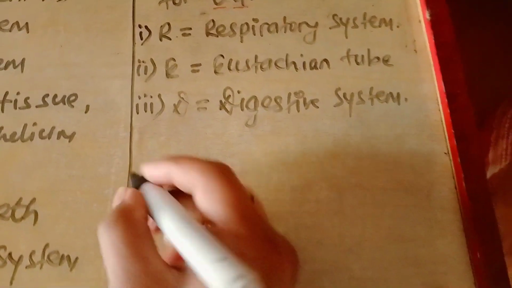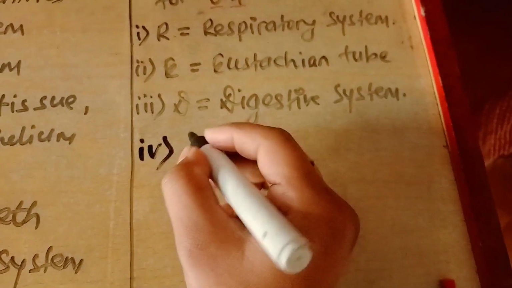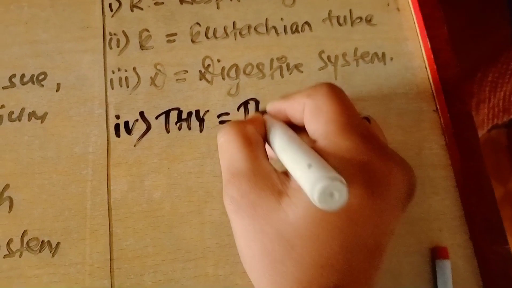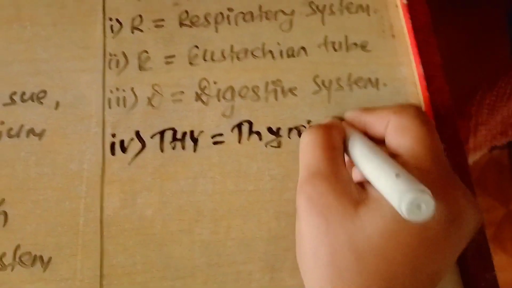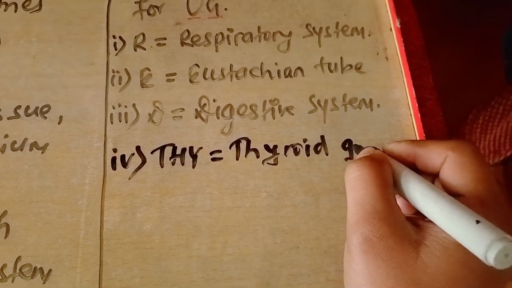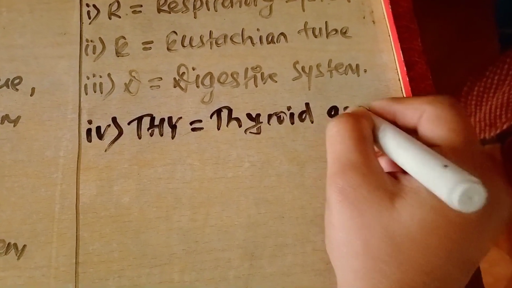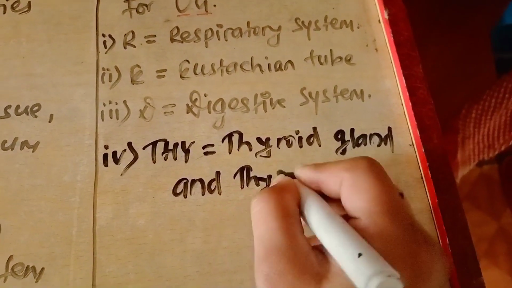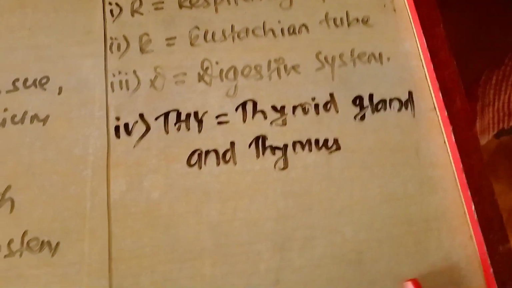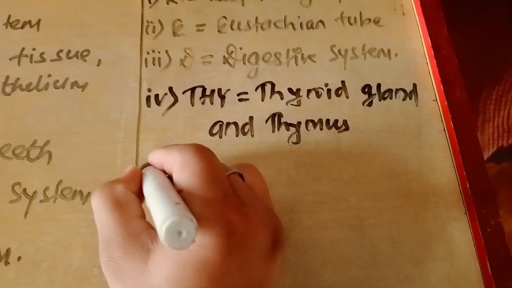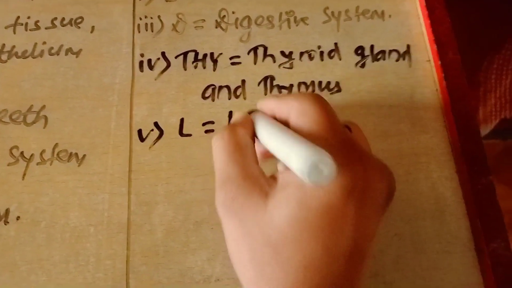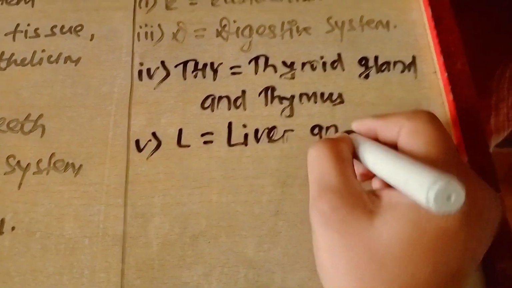And then in fourth we have THI, so THI means thyroid gland and thymus. And then in fifth we have L, so L means liver and lungs.